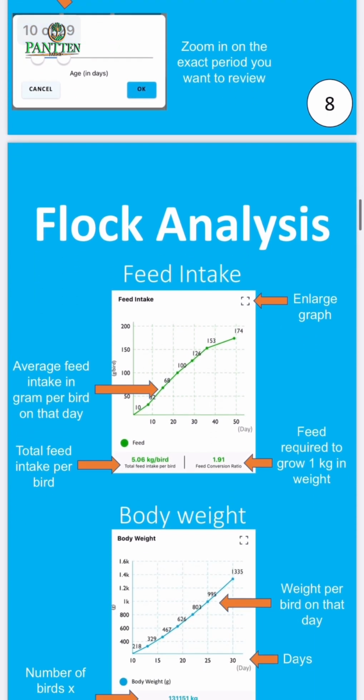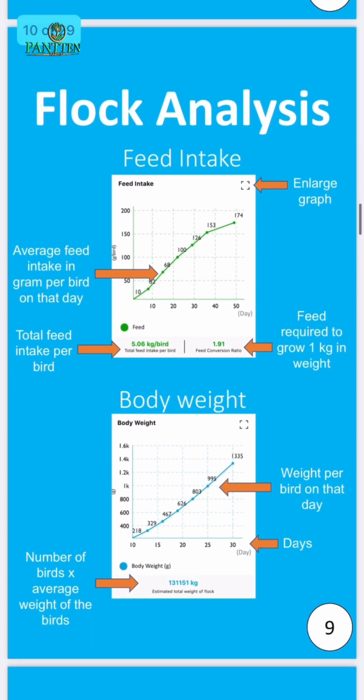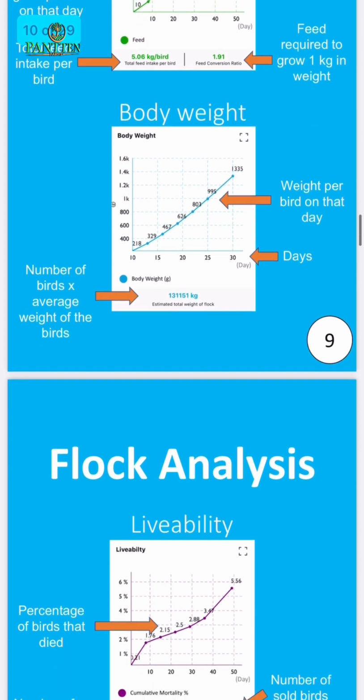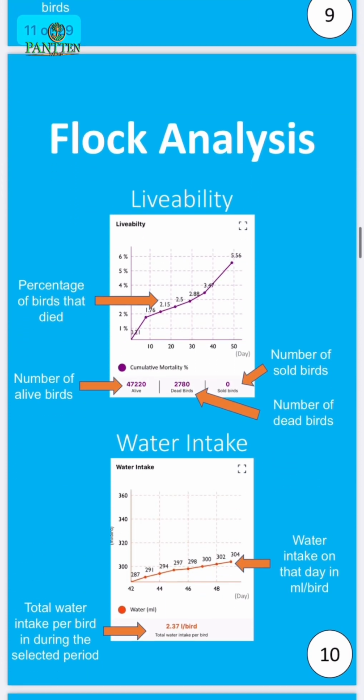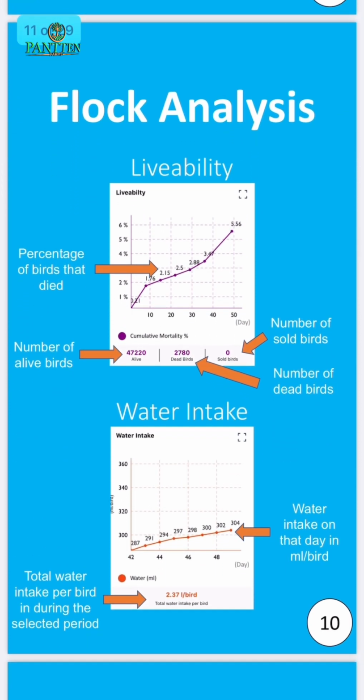Once you've put in all that information and data, then you can see the analysis. This is what I was talking about, where it shows you the graph, the feed intake, how much feed they have, and the conversion ratio. This livability graph is more like the mortality stage.